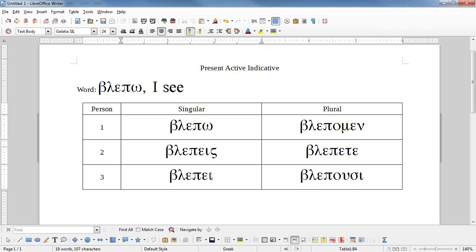And blepusi. Okay? So this means I see. This means I see, you see, he, she, it, Charles Barkley sees, we see, you all see, the LA Lakers see. Okay? So that's how we use verbs. Questions about the present active indicative?